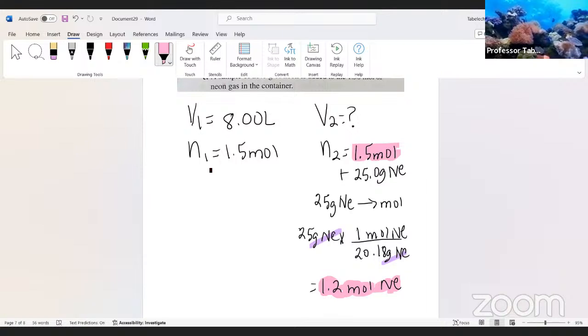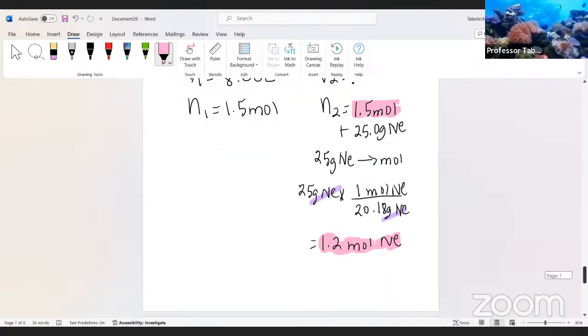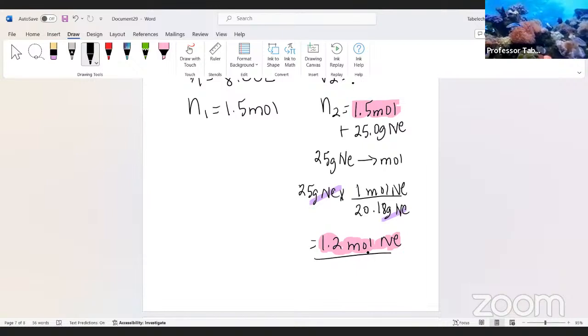So you're going to have to add those two numbers together that I highlighted in pink to get your total N2, or your total final mole count. So that's going to be equal to 2.7 moles, okay? So we had to do several things in order to establish our answer.